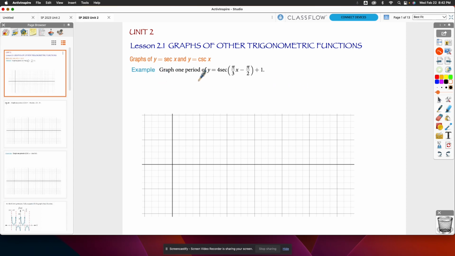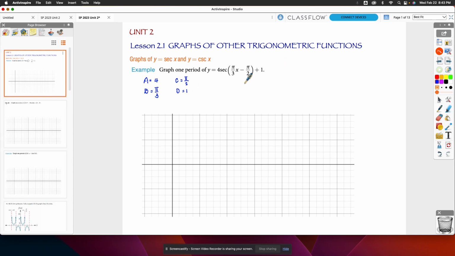So remember, we need to identify our a. Our a is equal to, sorry about that, a is equal to 4, b is equal to pi over 3, c is equal to pi over 2, and d is equal to positive 1.